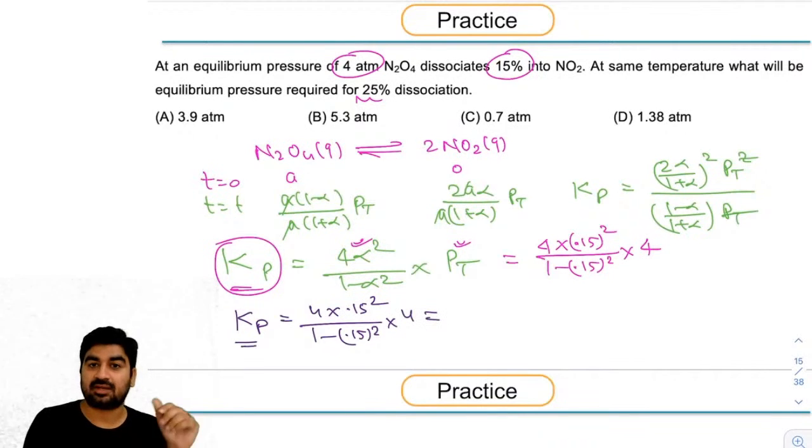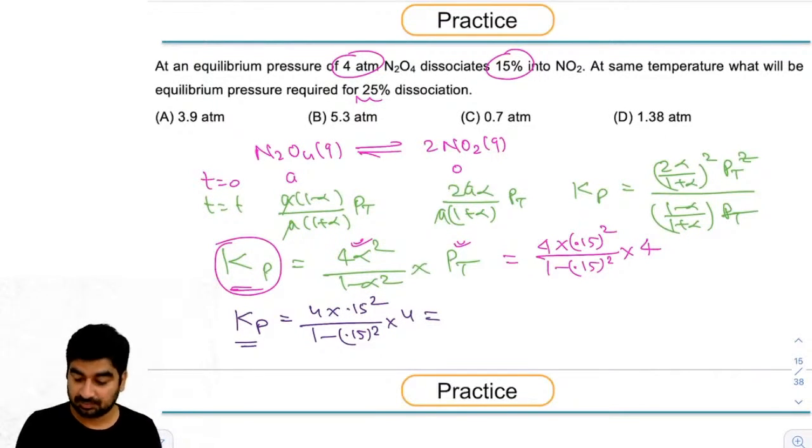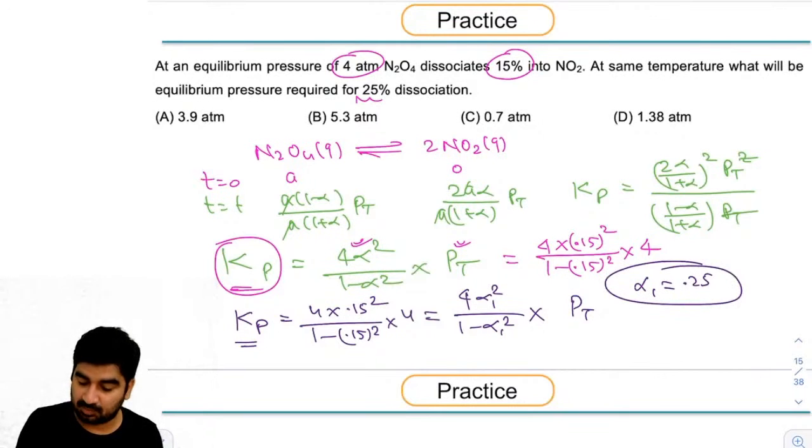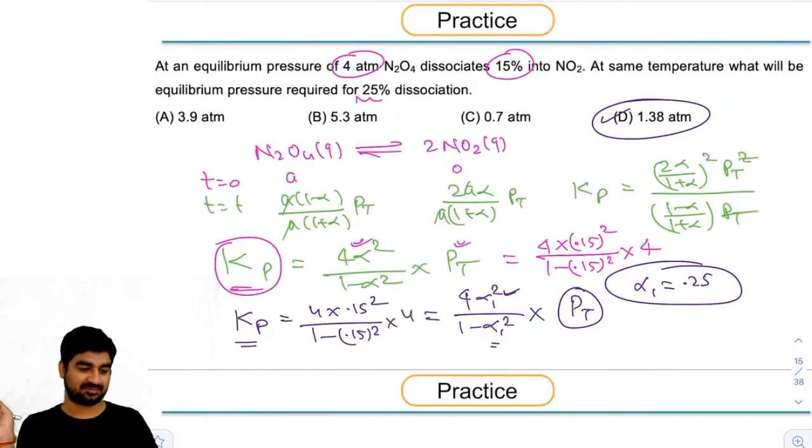Yes, it is Kp guys, and this is equal to 4 alpha 1 square over 1 minus alpha 1 square into P total dash. Alpha 1 is given as 0.25. Just put the value 0.25 here and you will get P total, that will be D. So again, it was a very simple problem, but conceptual. Simple but conceptual. Okay.